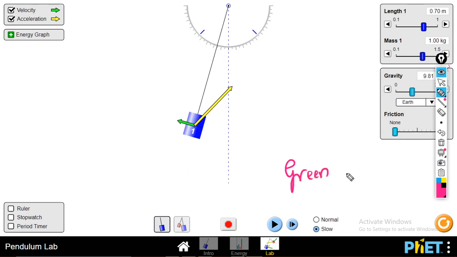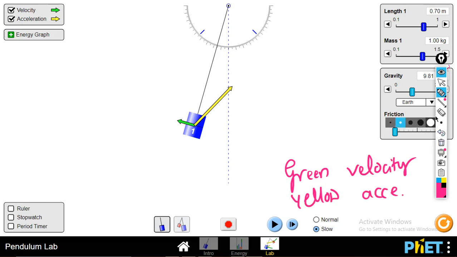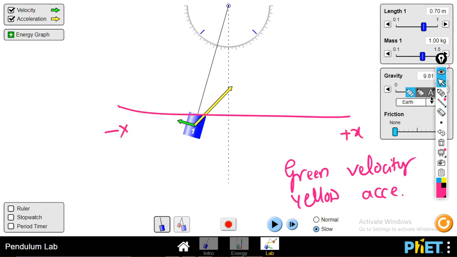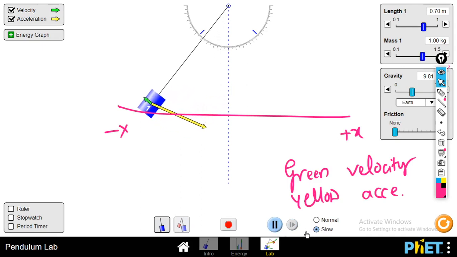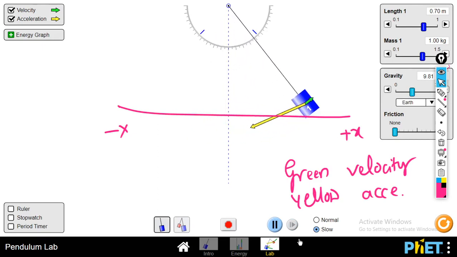Therefore green is velocity and yellow is acceleration. Here we already know the position, which is from minus x to plus x. Now if it is made to move, if you observe, at each time the velocity and acceleration direction changes.